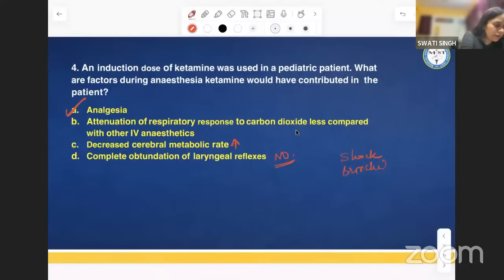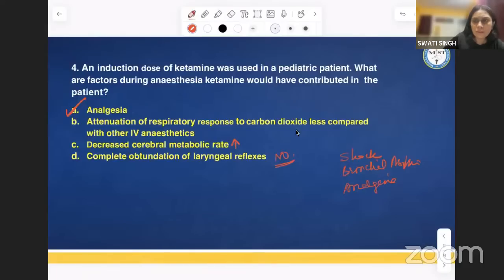Bronchial asthma, it is the agent of choice. And it is used for analgesia in subanesthetic dose, right? It does not cause obtundation of laryngeal reflexes. It causes less obtundation of laryngeal reflexes. That is why in pediatrics, we very commonly use it.